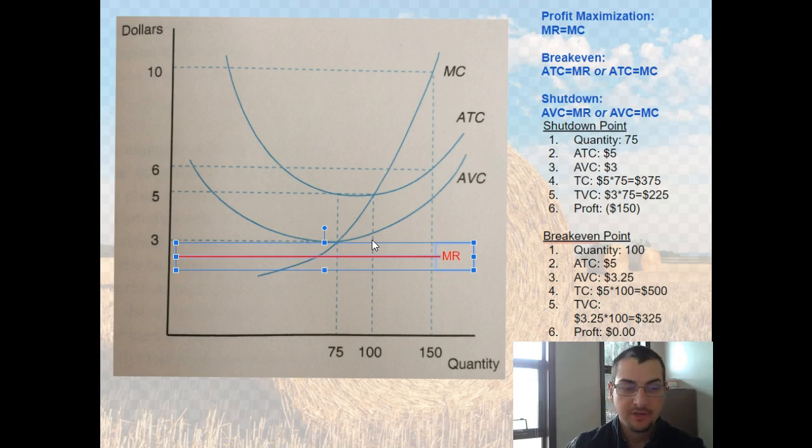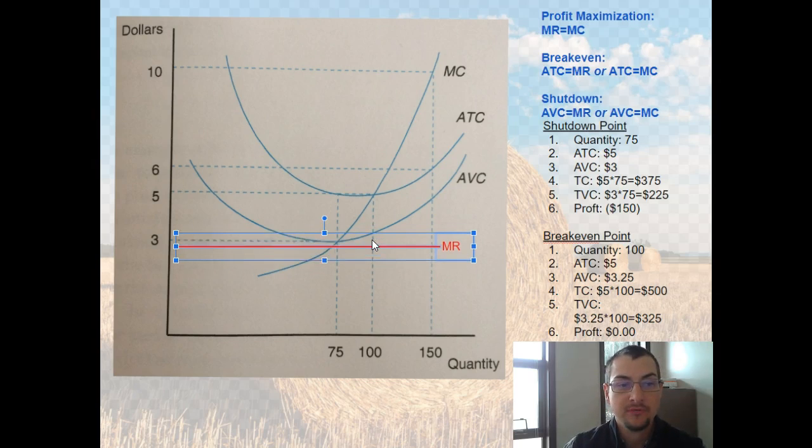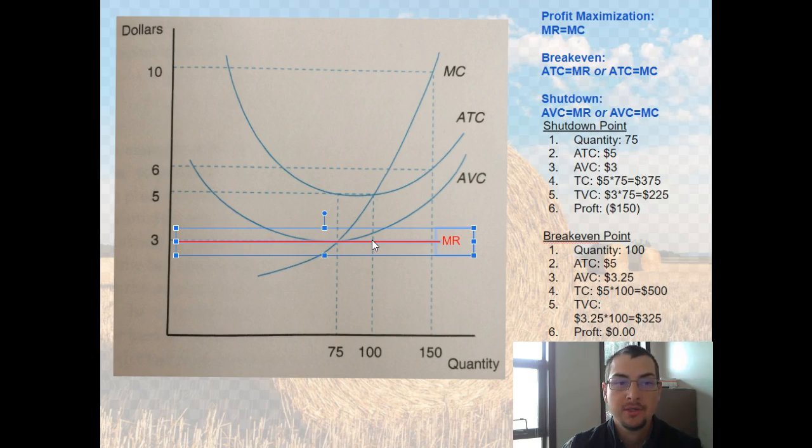So if the marginal revenue falls anywhere below this average variable cost, where the average variable cost equals marginal cost, we shut down. That means this firm is only going to be producing starting where this average variable cost equals the marginal cost curve, and they're going to produce along this marginal cost curve above the intersection of that average variable cost curve.